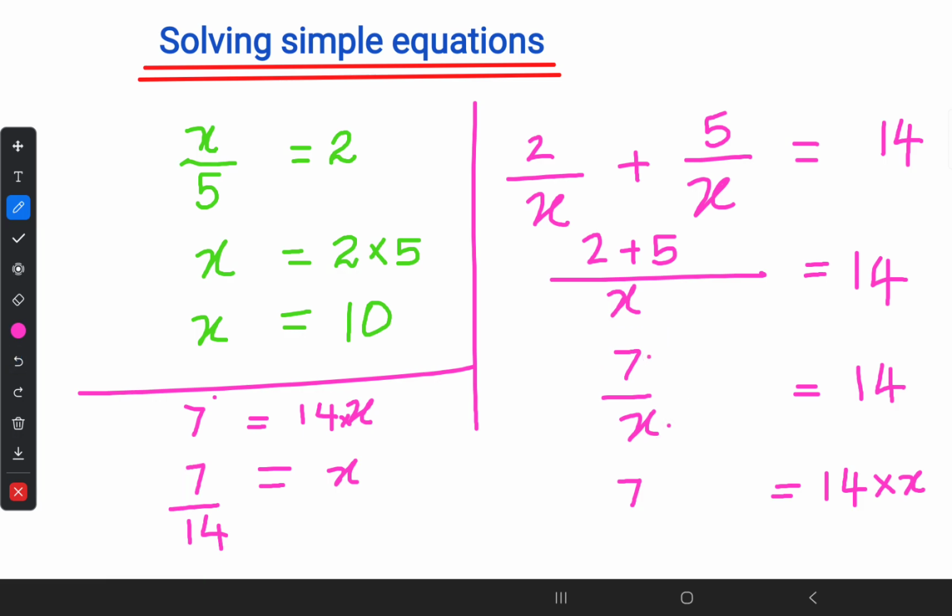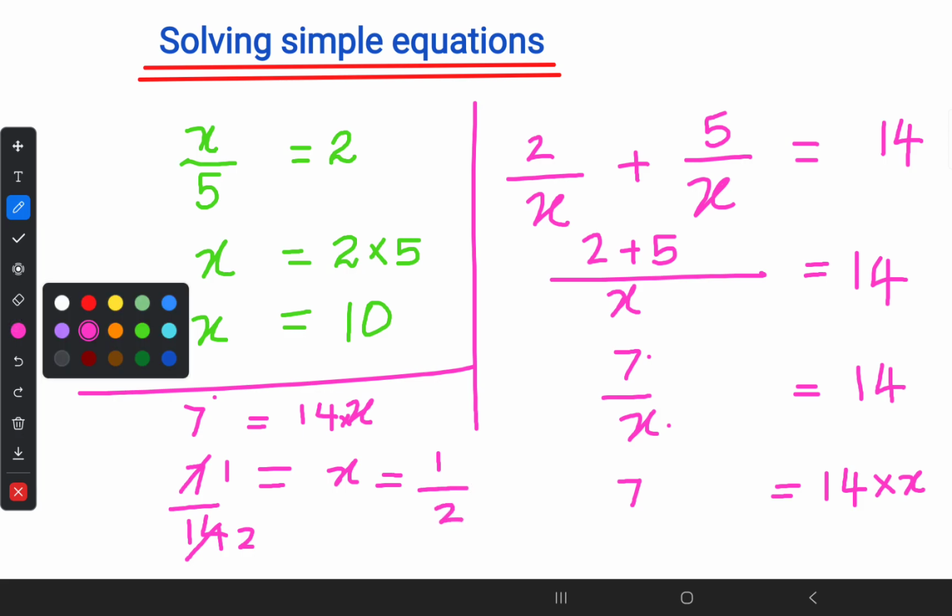Here 7 by x is 14. From that we cannot determine whether x is 7 or 14. But here both are numerical values. By solving that we can find the solution. So when we simplify this, 1 seven is 7, 2 sevens are 14. So finally the answer for x would be half.